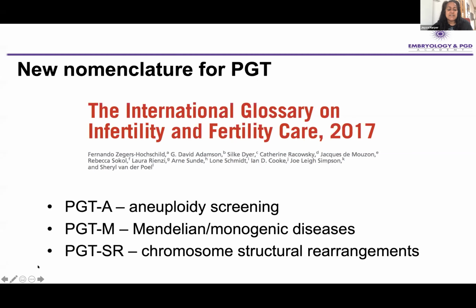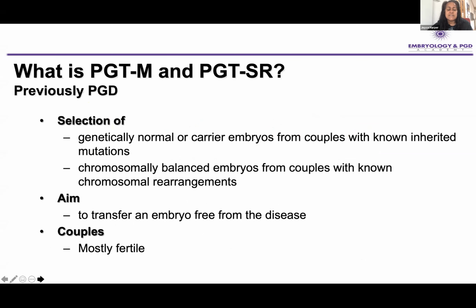As Roy's going to explain, we now have PGT-A for aneuploidy screening, PGT-M for Mendelian or monogenic diseases, and PGT-SR for chromosomal structural rearrangements. I will just briefly explain a tiny bit about these, but Roy's going to go into these in more detail. So PGT-M and PGT-SR are what we would previously call PGD, and they're the selection of genetically normal or carrier embryos from couples who were at risk of a known inherited mutation.